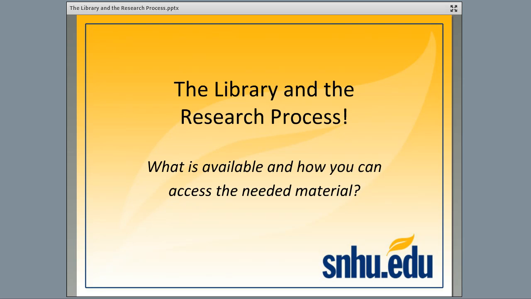So we default to buying things electronically. I just checked, and we have 223 different electronic databases available. We have a collection of about, I want to say, 150,000 ebooks available, and that's growing day by day.